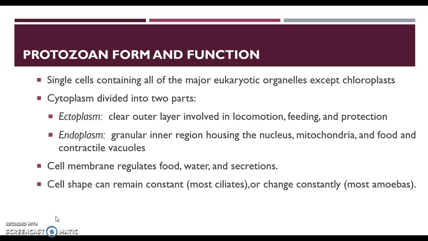The endoplasm is the inner layer, and it is the granular region that houses all of the organelles like the nucleus, the mitochondria, and other structures. Protozoa contain a cell membrane that regulates food, water, and secretions just like all other eukaryotic cells. It is selectively permeable and has the same structural components and organization.